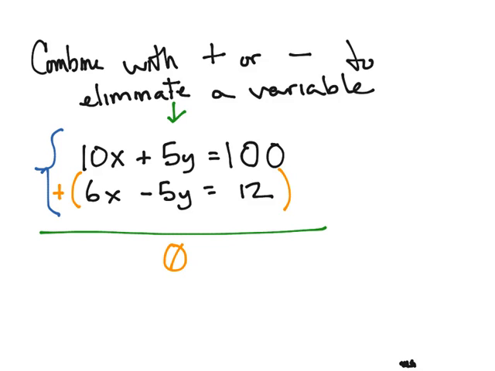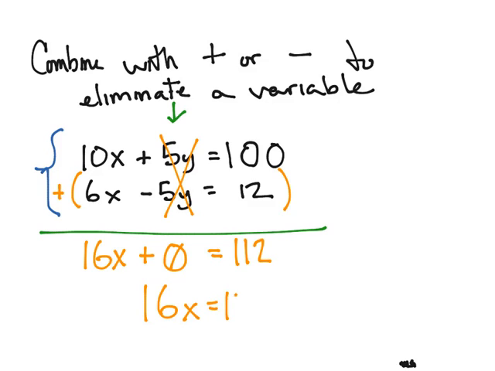So let's do that. 10x plus 6x gives us 16x. 5y plus negative 5y gives us a 0. And 100 plus 12 gives us 112. We've now eliminated the y variable and resulted in just the equation 16x equals 112.